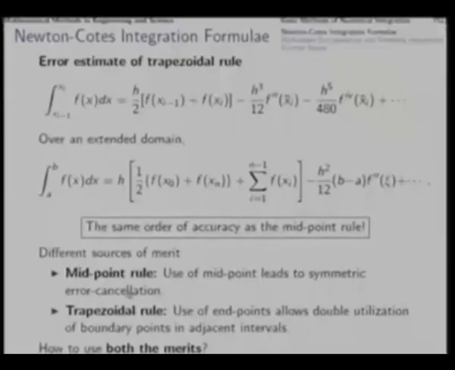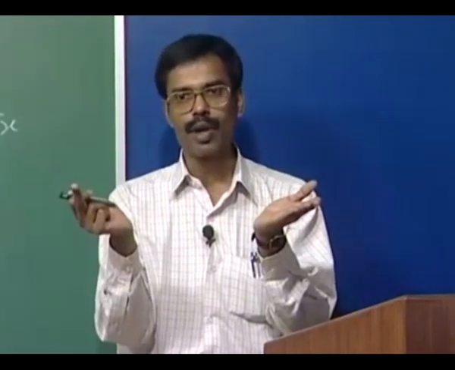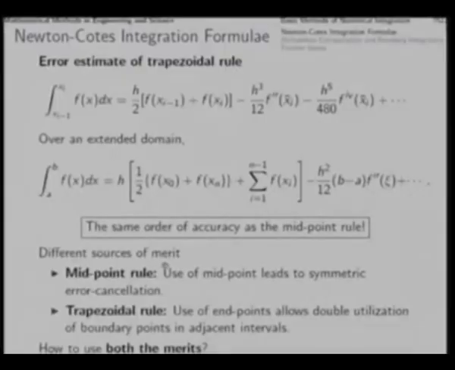On the other hand, the trapezoidal rule has a merit, that is, use of endpoints allows double utilization of boundary points in adjacent intervals. Now, how to use both the merits? Any method which uses symmetric positioning of sample points will have this advantage. On the other hand, any method that uses the boundary points of the subinterval will have the other advantage, right.